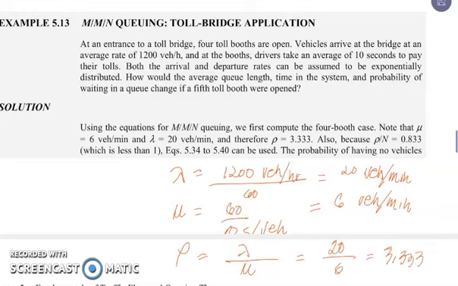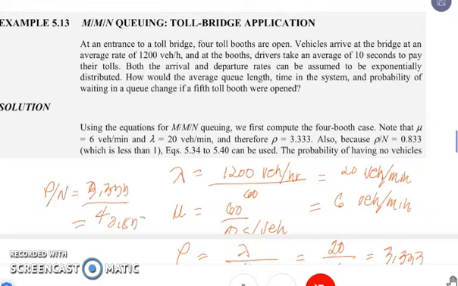Now if we take the ratio rho all over n, where n is the number of channels, there are 4 toll booths, so 3.333 divided by 4 gives us 0.833, and this is less than 1.